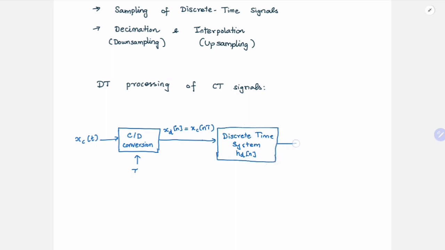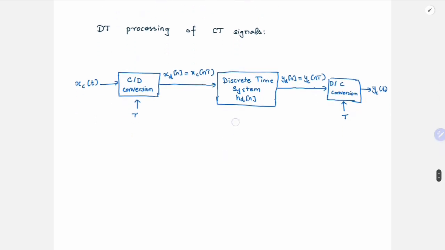So this will give me yd of n, the output discrete time samples, and in terms of the continuous time output, I can represent this as yc of nT, and taking this through a D to C conversion, I will get my output yc of t. So this is what we discussed. And here again the sampling period is taken as T. So now let us look at each block individually.